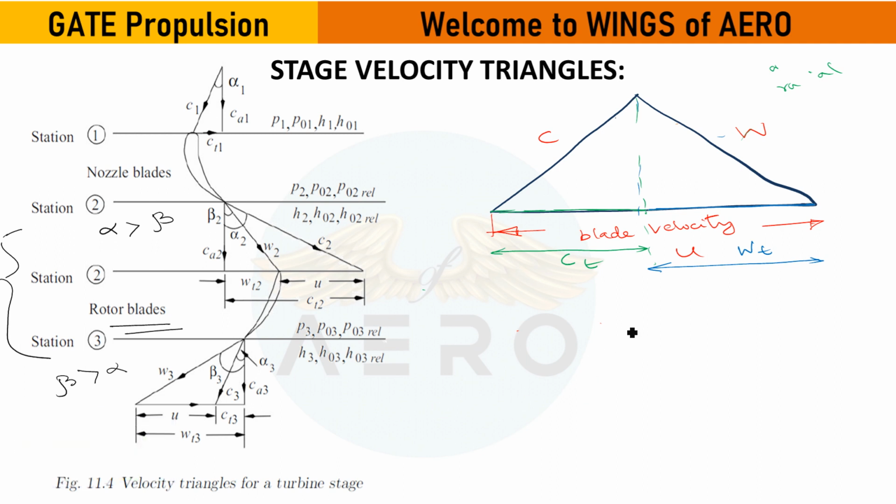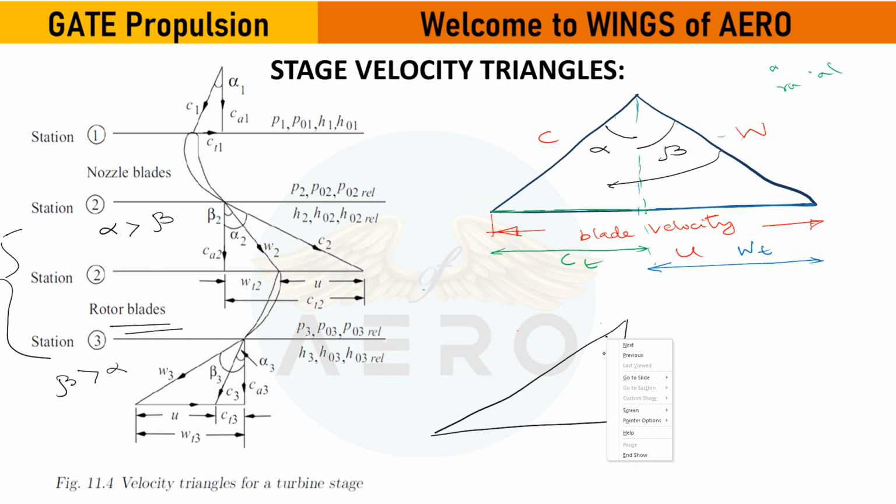Right now this is the alpha, and this is your beta. What I'm going to do is transform the beta to this side. This is your alpha. Now I'm going to keep my alpha greater than beta.